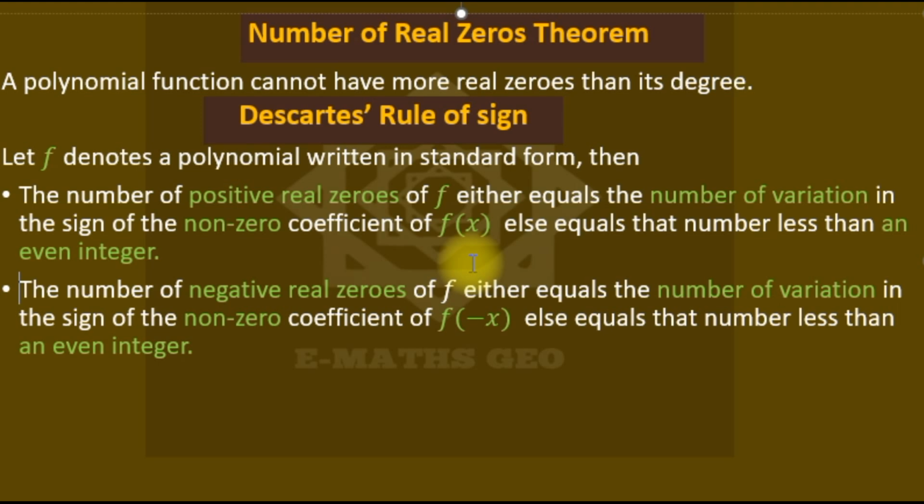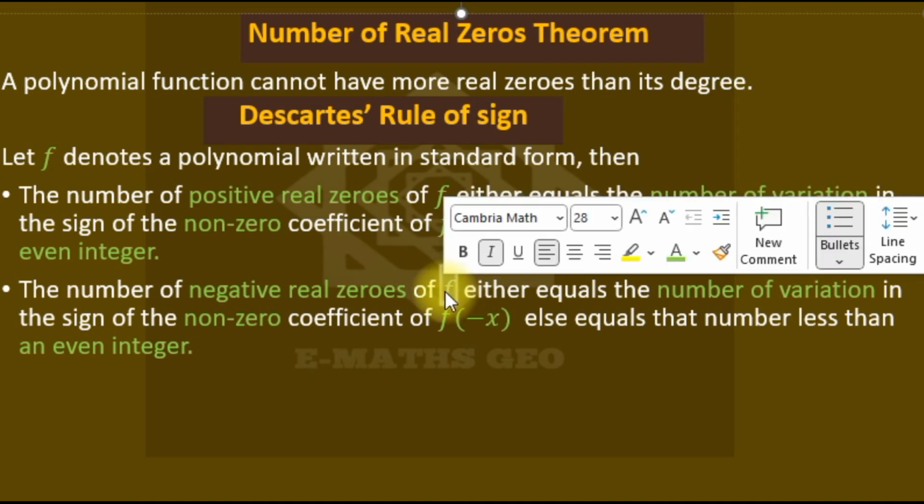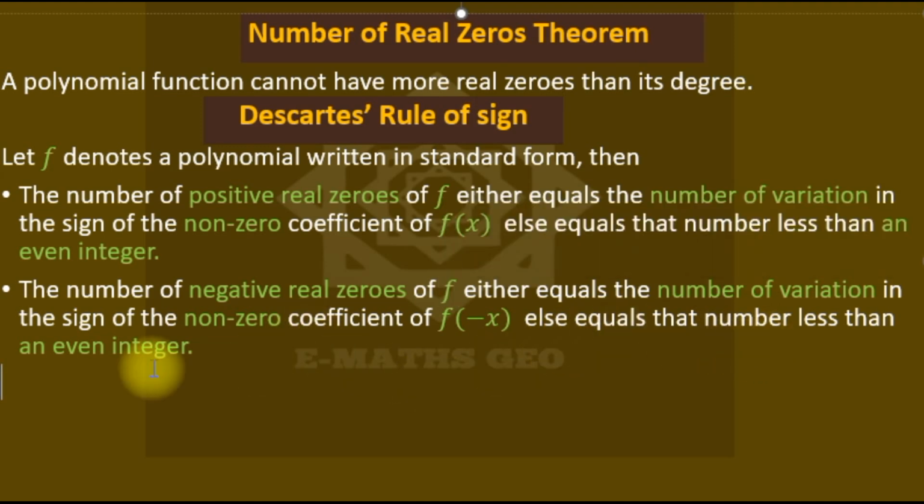I will explain with an example. Likewise, the number of negative real zeros of f either equals the number of variations of sign of the non-zero coefficients, or less than it by an even integer. So this is just grammar.